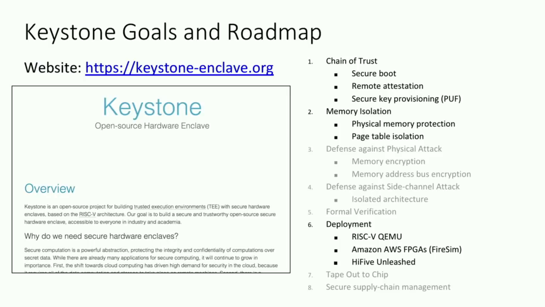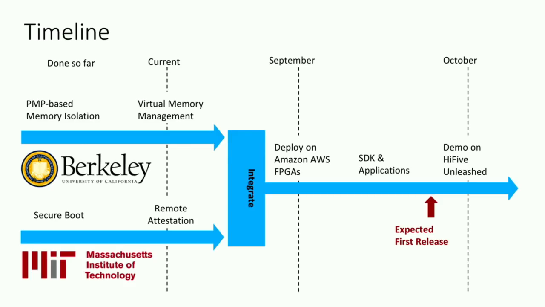You can find out more information about Keystone at our website, keystone-enclave.org. We have a number of goals in the project to help us finally achieve the goal of building an open source secure enclave. This is a collaboration between Berkeley and MIT, with other institutions joining.